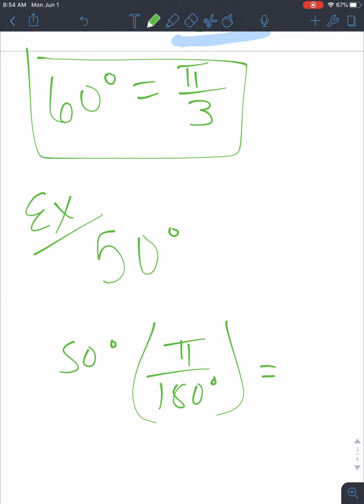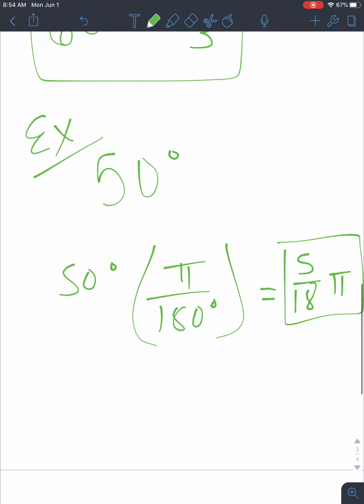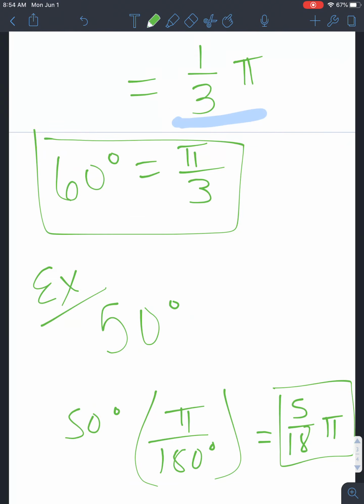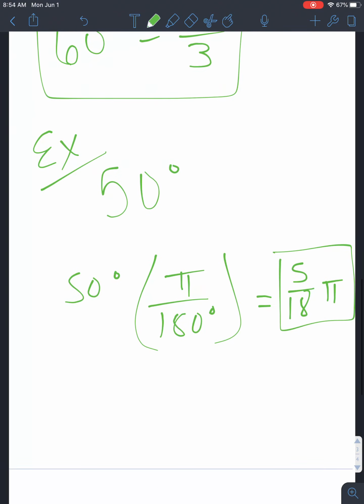But then you'll have 50 over 180, or 5/18 pi. So that one doesn't really simplify down to be super nice. Our first one was a super nice fraction. These won't necessarily be nice, simple little fractions, but they're often going to be fractions like that.